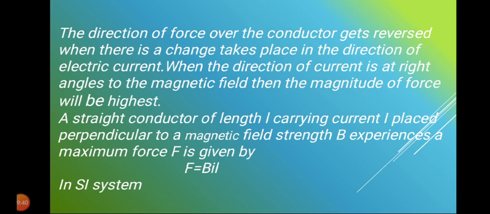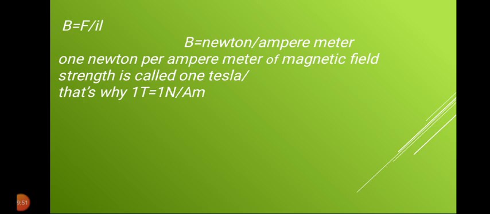Thus we can write F is equal to BIL. This is the formula of force experienced by a straight conductor of length L carrying current I, placed perpendicular to a magnetic field.